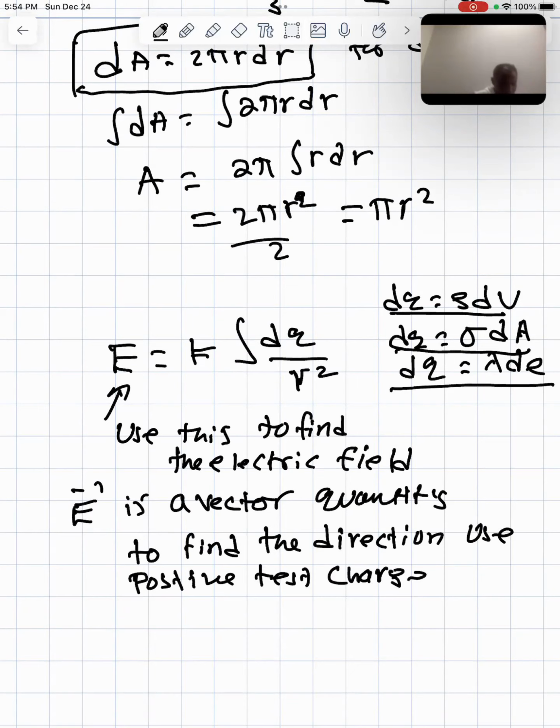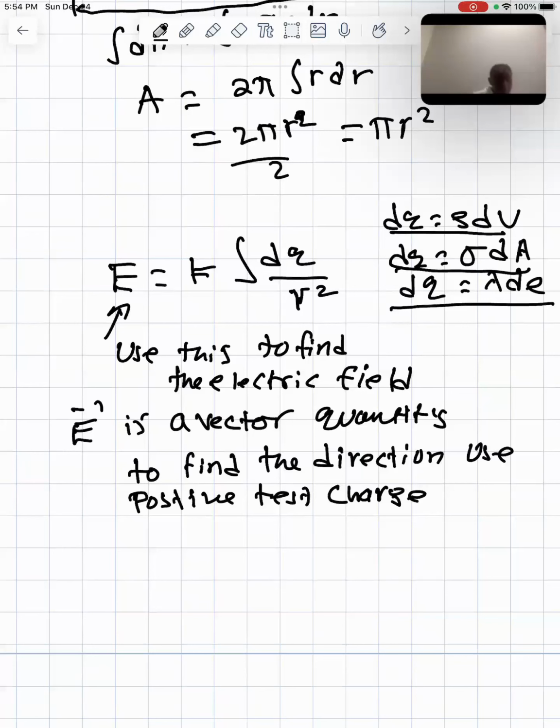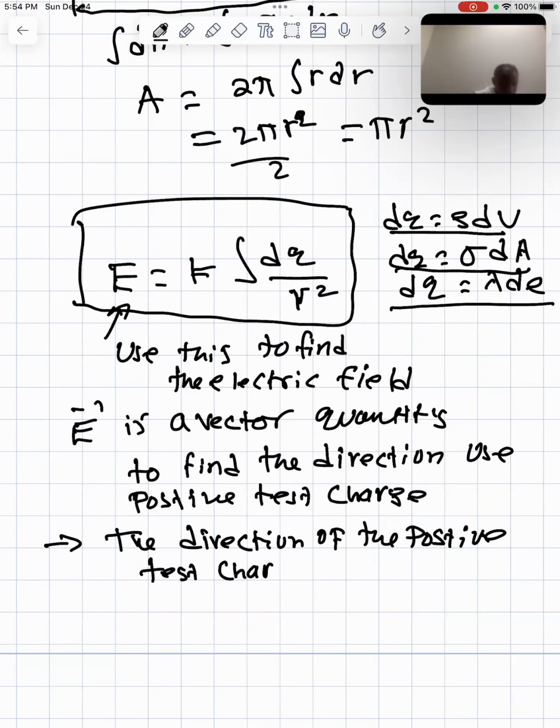Most of my students have difficulty understanding this, and some can have a misunderstanding because of this concept. So the electric field is a vector quantity. To find the magnitude, use this formula, but to find the direction, use a positive test charge. The direction of the positive test charge is the direction of the electric field.